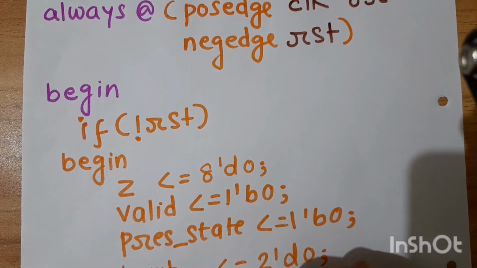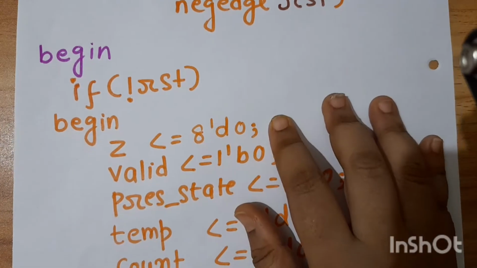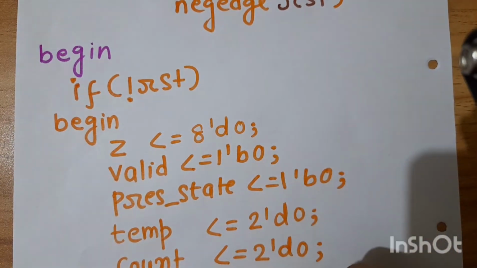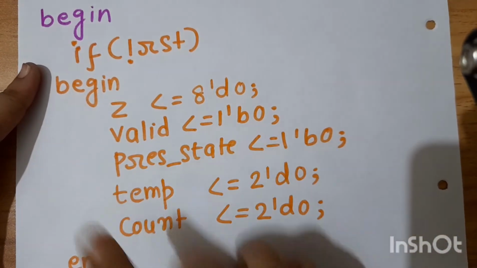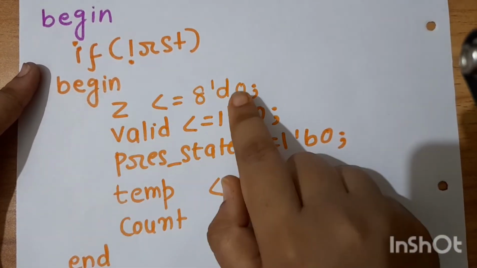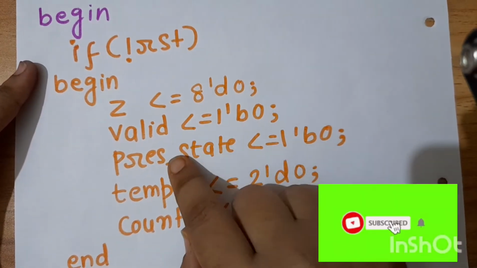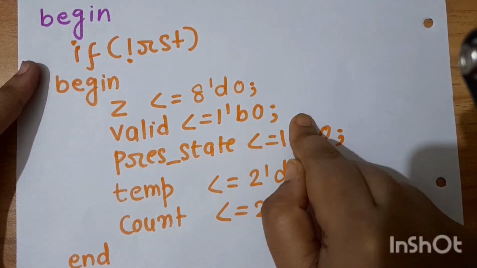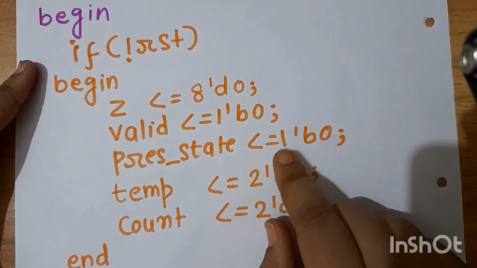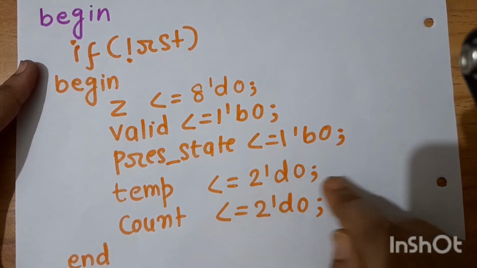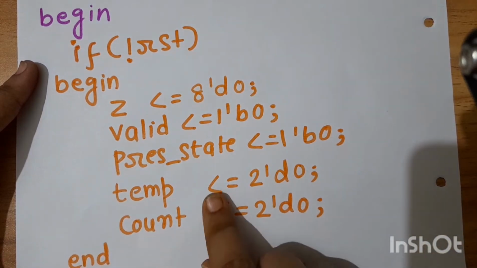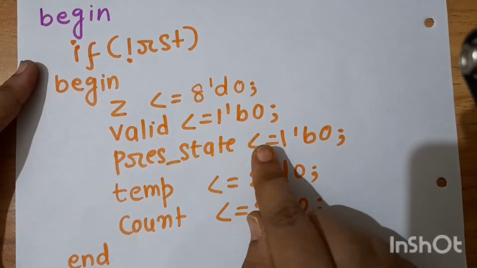Okay, non-blocking statement, 8'd0. So at the reset value, when the reset is 0, at that time I am initializing all the values to 0: Z <= 8'd0; valid <= 1'b0; present state <= 1'b0; temp <= 2'd0; count.